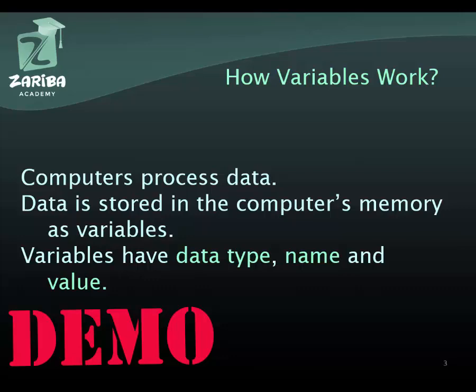So all of this is stored as data, and data is stored in the computer's memory. So when you load up an application, or say you use Chrome and so on, your RAM is going to go up just because of those variables and data types. So variables have a data type, a name, and a value.